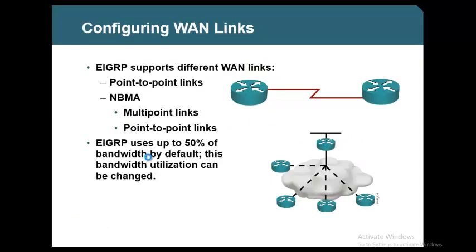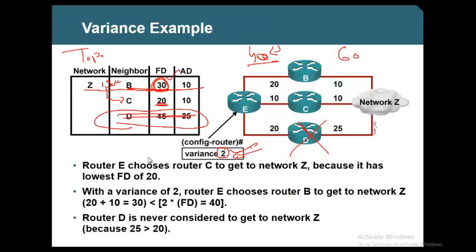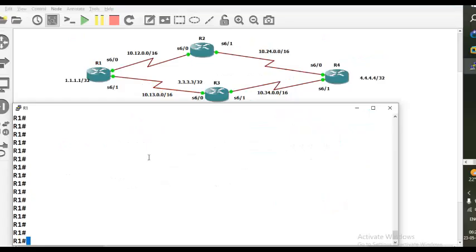Now, this is what we need to see in the lab. Our focus is the destination 4.4.4.4 from router 1. These links are the same bandwidth links, though I have tuned it in such a way that they are unequal.